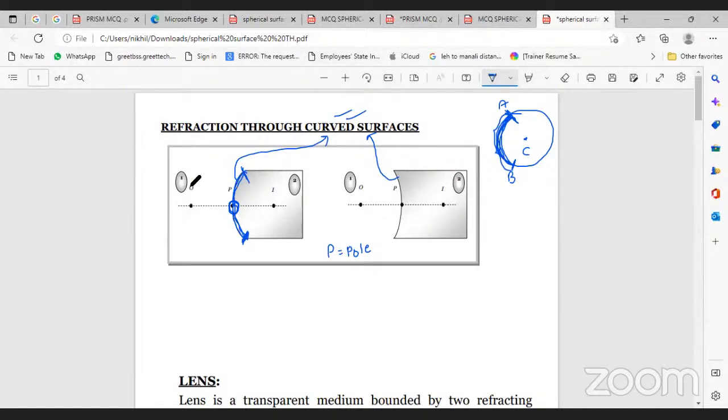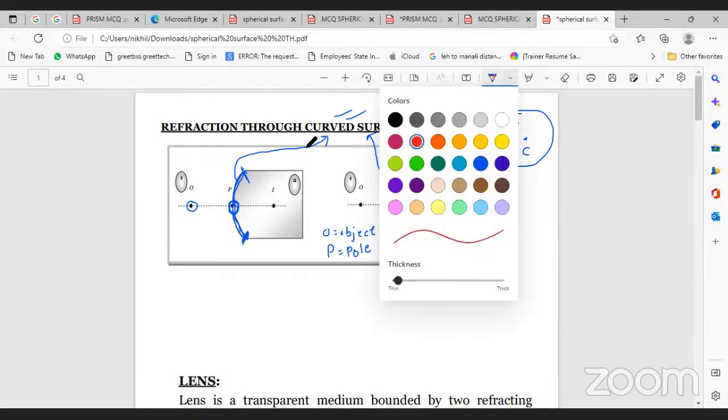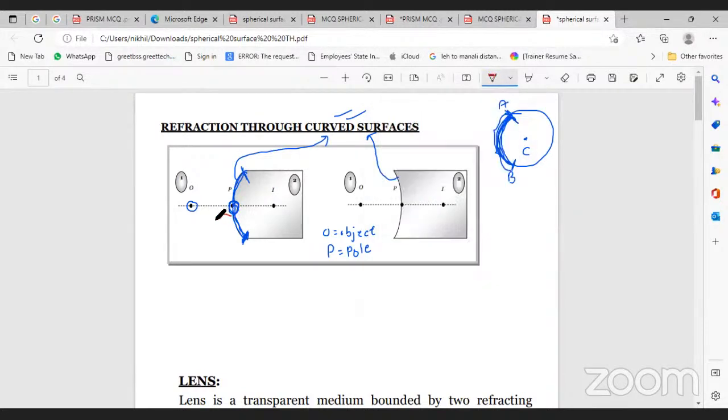If I place the object here, what does O represent? The object. Now I will measure the distance from the pole to this object.